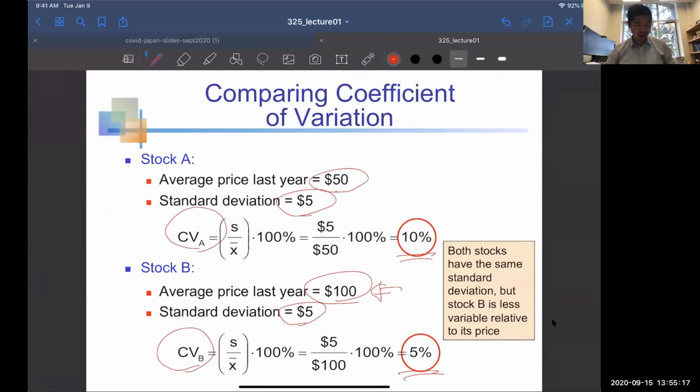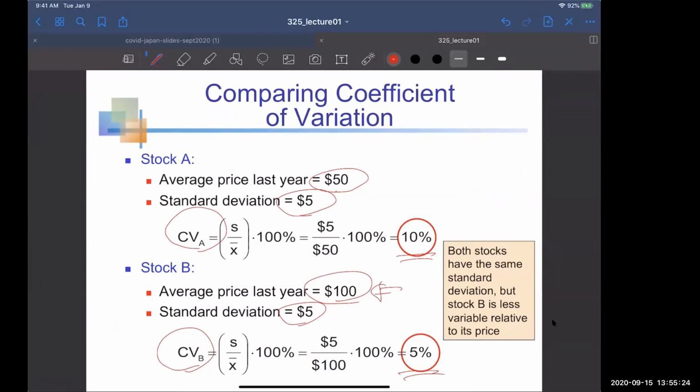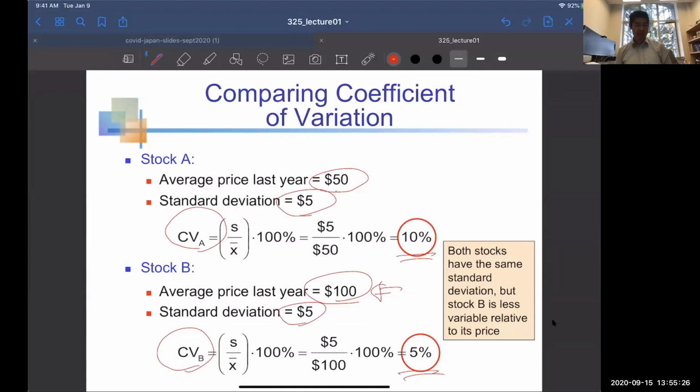So as an investor, you try to think about which stock you're gonna purchase. If the average return is the same, I'd like to pick the stock that has less variability. And that's how you measure the variability across different stocks. The coefficient of variation helps you get a better understanding of how variable, how uncertain the future price is.